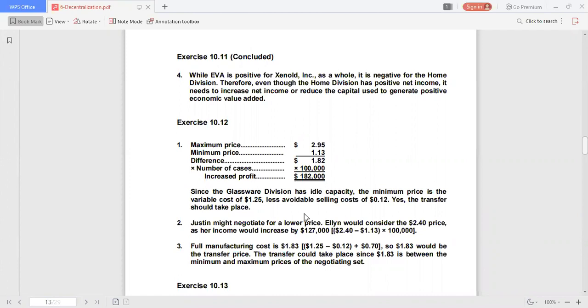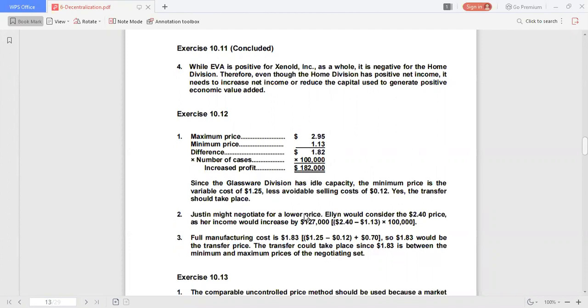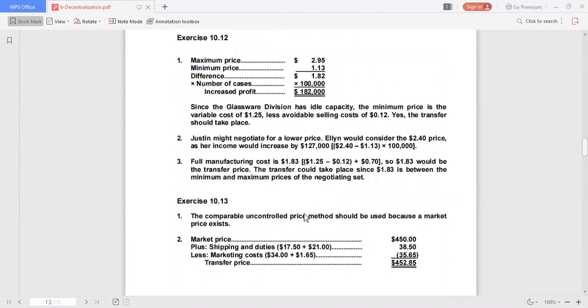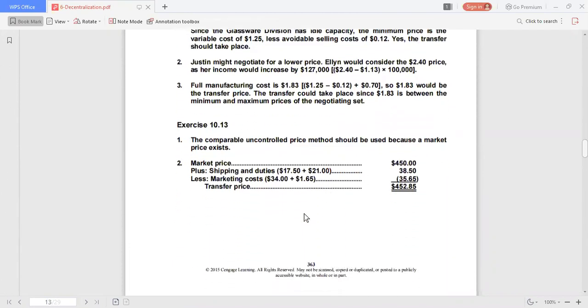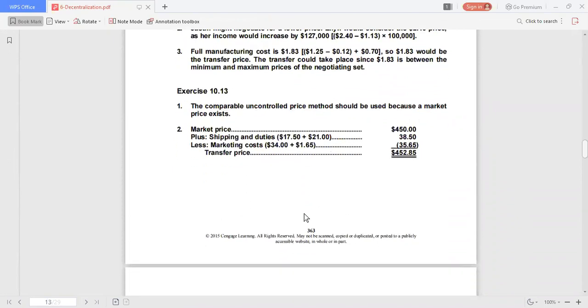Next, we have problem 10-13, transfer pricing in section 482. The company is a division in the US that produces and sells furniture for discount furniture stores. One type of dining room set is made in the international division in China.